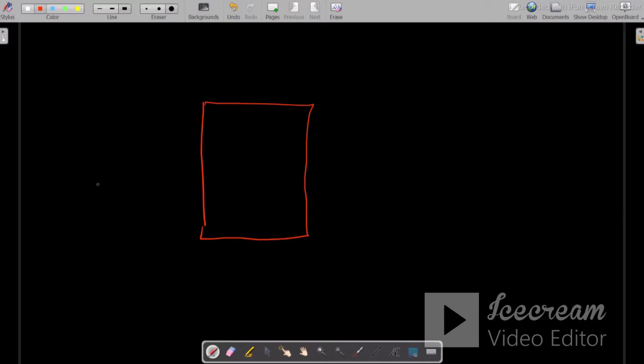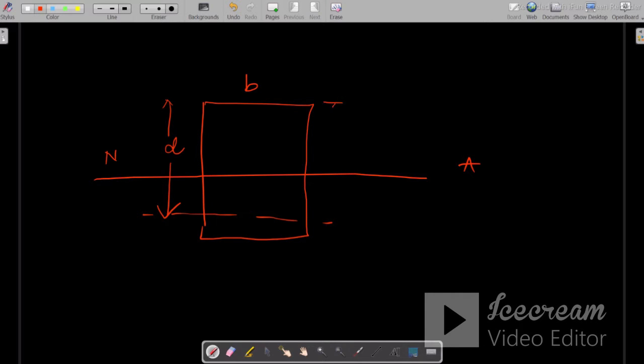So suppose this is the beam, this is the neutral axis, this is the width, this is the effective depth, this is the overall depth. Okay. So we have to find out shear stress at a distance of y meter.